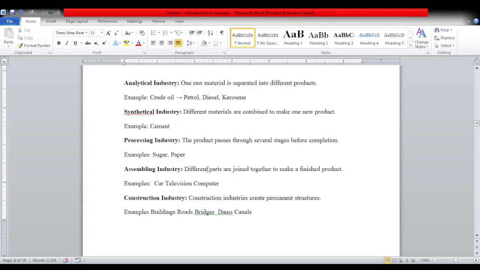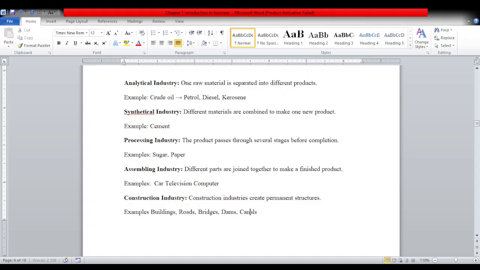Construction industries create permanent structures. Whether you build a building, roads, bridges, dams, canals, or metro stations, all are part of construction industries. If you have to construct a particular building, you have to use different elements: concrete, cement, iron ore, and many other elements.